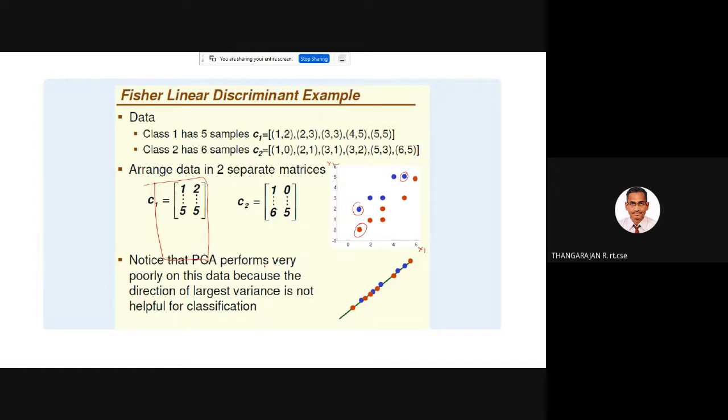Notice that PCA performs very poorly on this data, because when you find the principal component, you find that the classes are poorly separated, because the direction of the largest variance is not helpful for classification. It is helpful for dimensionality reduction, but not for classification.